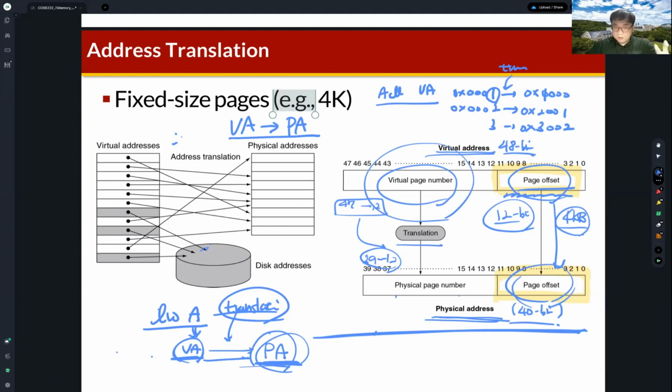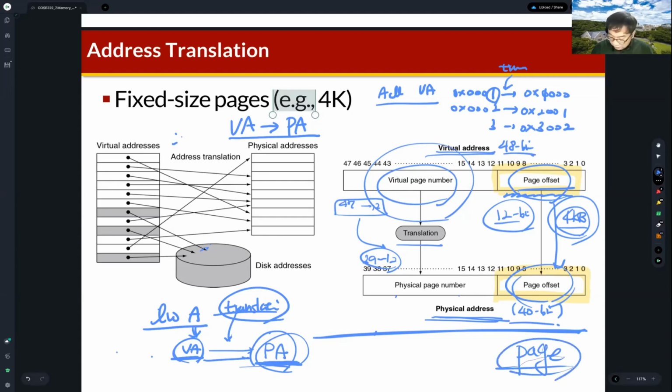So this data chunk of the virtual memory space is translated into the data chunk of the physical memory space. And this 4 kilobyte data chunk is called the page.